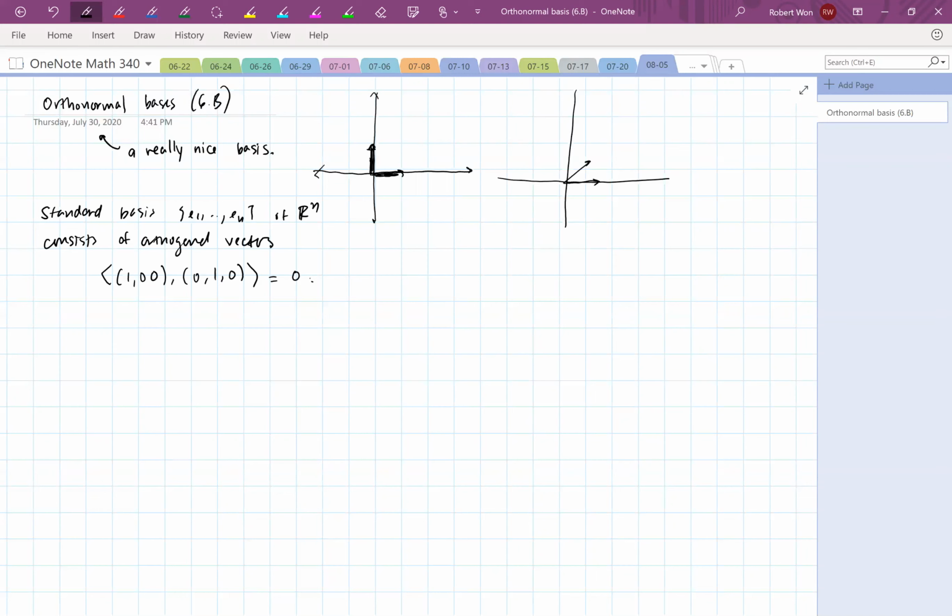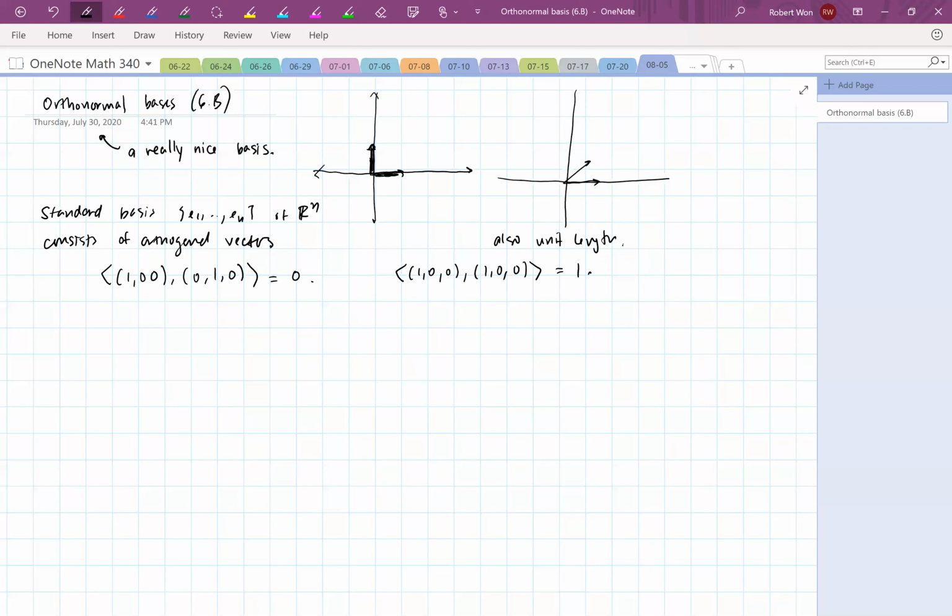That's nice. Actually, they satisfy an even stronger property, which is not only are the vectors orthogonal to one another, but also if you take the inner product with itself, you get 1. In other words, also they have unit length, right? Also, they all have length 1.